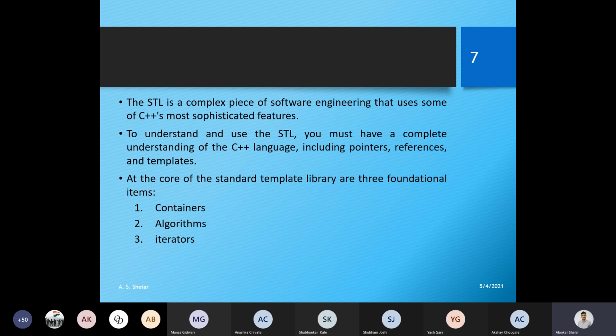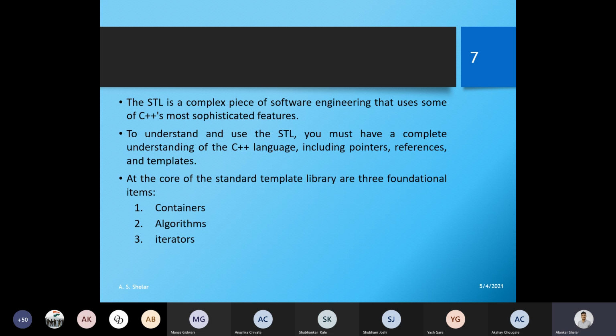So what is a container? Basically a container holds your data. An algorithm applies on data, that means it is an operation on data. And an iterator is how we retrieve the elements from your container, how we iterate over the elements using loops and different things.